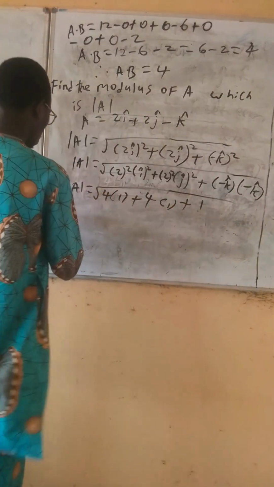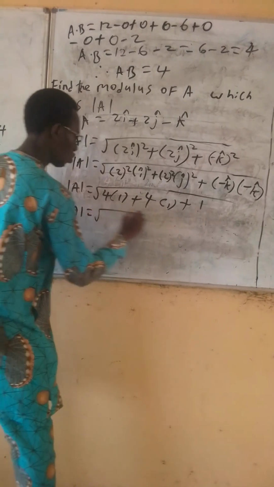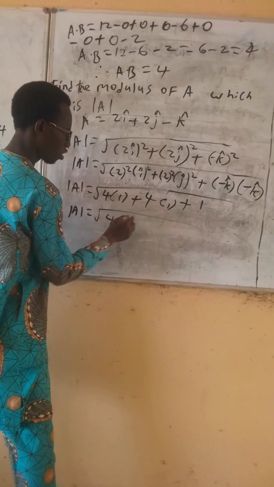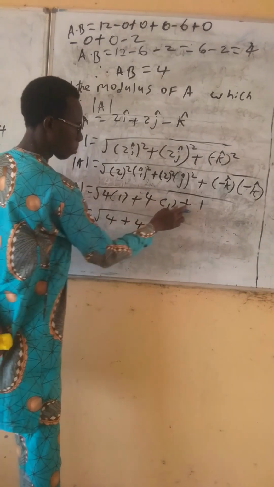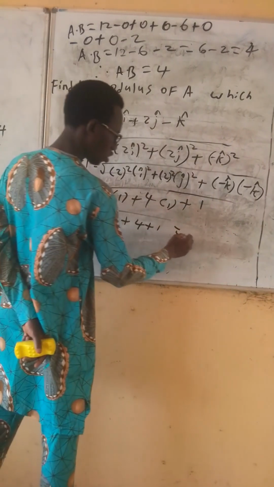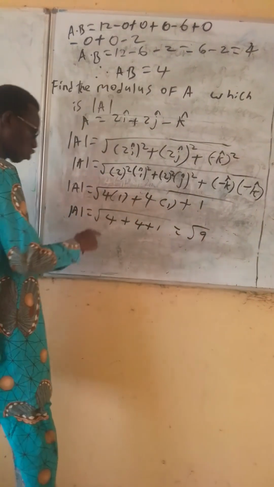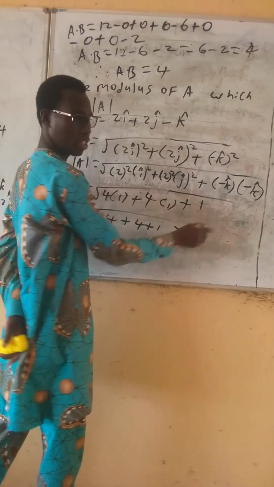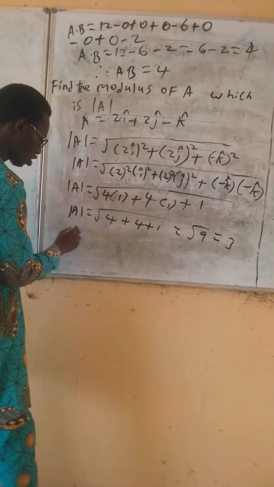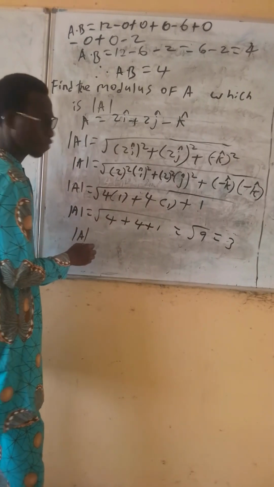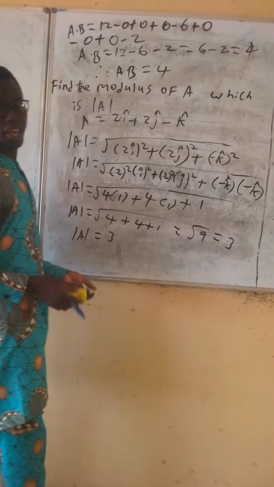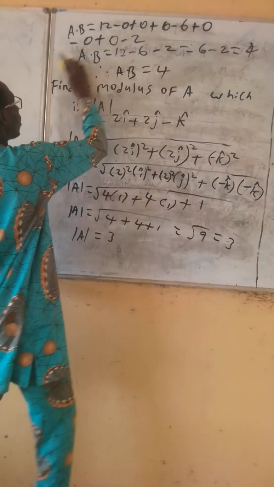So having done that, the modulus of A equals 4 times 1, which is 4, plus 4 times 1, which is 4, plus 1. 4 plus 4 plus 1 is 9. So we have the square root of 9, and the square root of 9 is 3. So the modulus of A is equal to 3. So let's go right ahead to find the modulus of B.